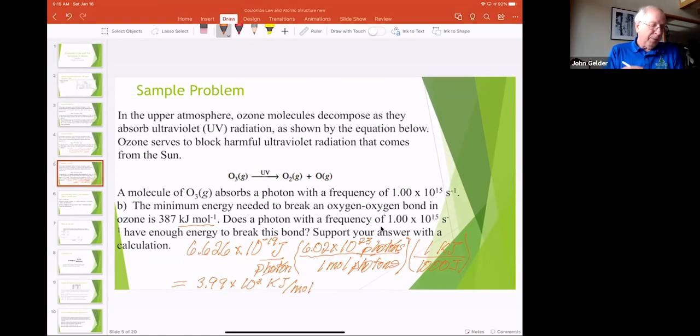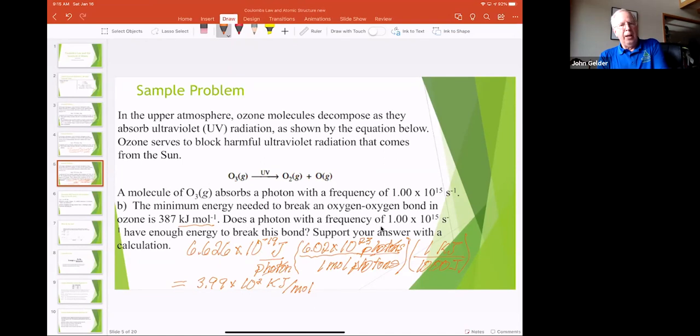So that photon of light with a frequency of 1 times 10 to the 15th translates to, if I have a mole of those photons interacting with a mole of oxygen molecules, essentially 399 or 400 kilojoules per mole of energy.